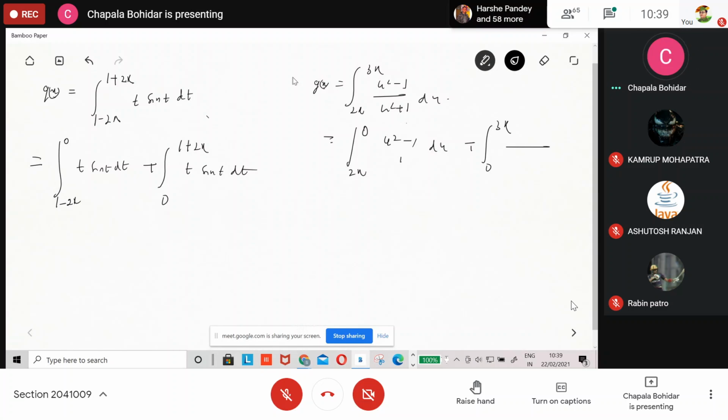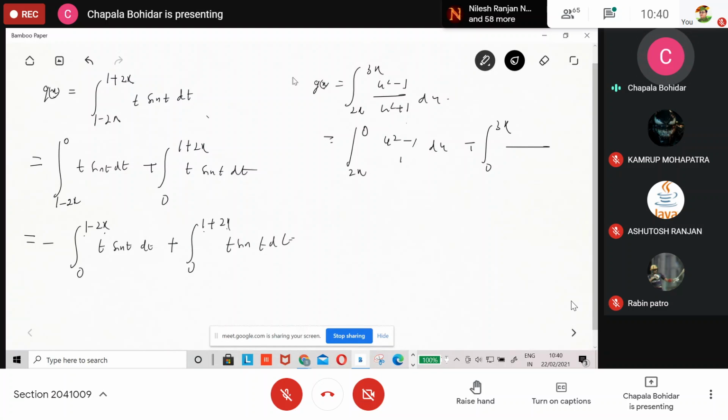Again, we have to write this with the variable on the top. So it is minus the integral from 0 to 1 minus 2x of t sin t dt, plus the integral from 0 to 1 plus 2x of t sin t dt. Now see here, the functional value is everywhere continuous and everywhere differentiable. But here the upper limit is 1 minus 2x, and here it is 1 plus 2x.